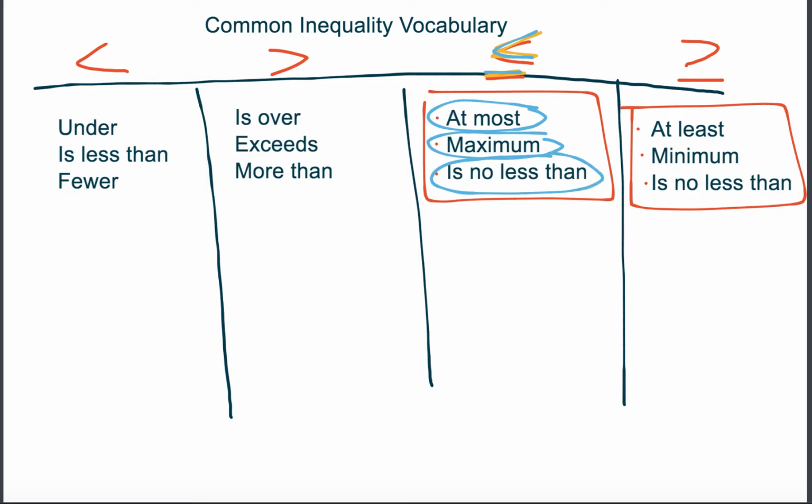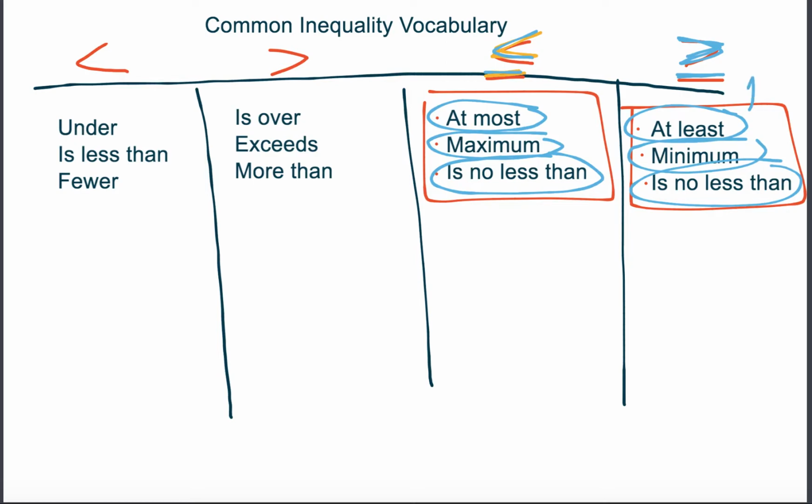And that sounds strange because it kind of sounds backwards from what you'd expect. On the other hand, this inequality, which is greater than or equal to, the phrases associated are words like at least, minimum, and is no less than.